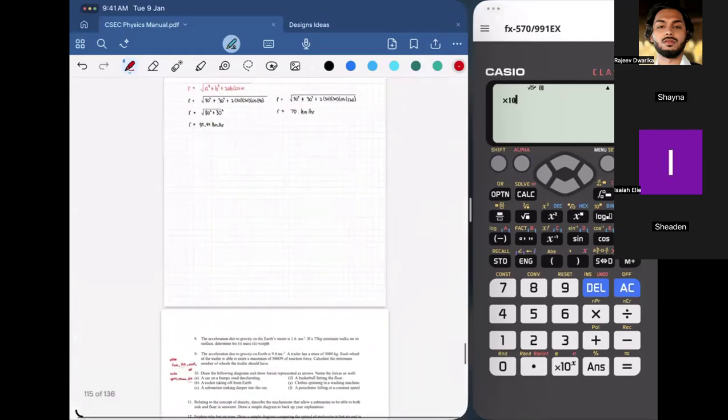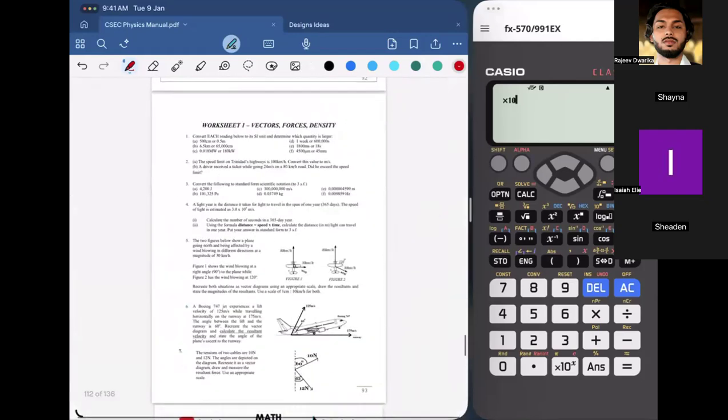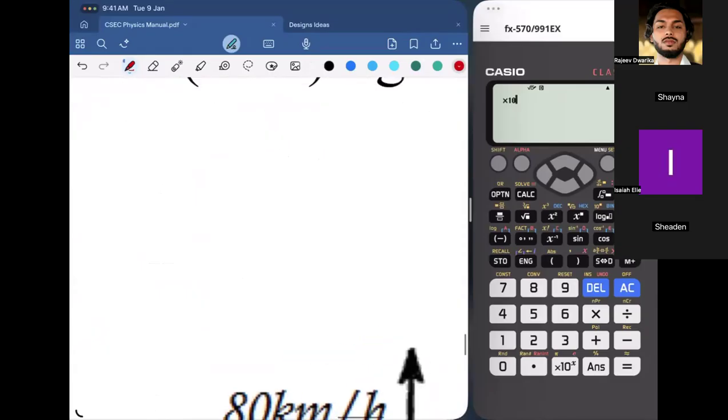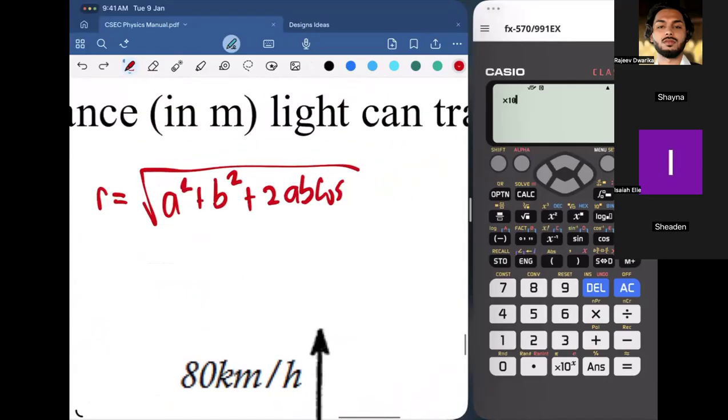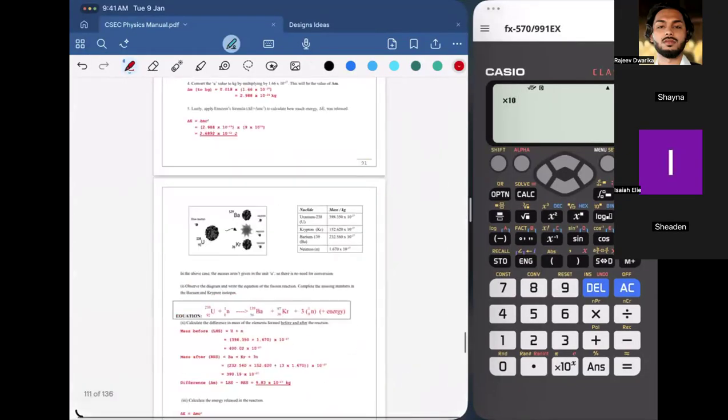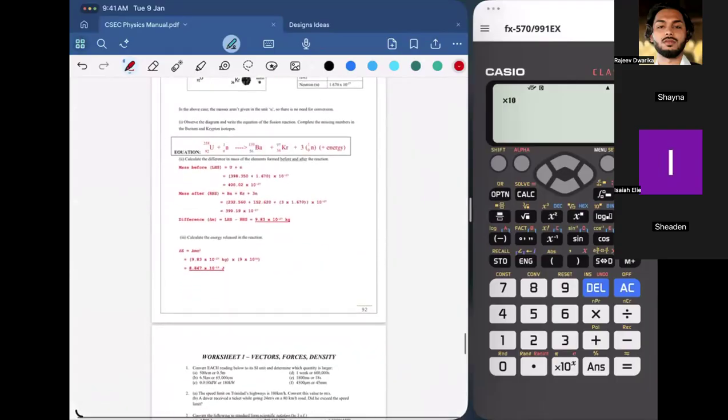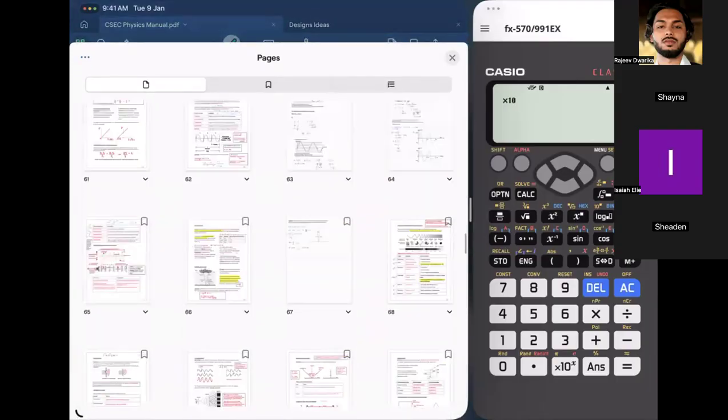Cool. Let me see if I can pick you up on anything else. What is the parallelogram law of vectors formula? R is equal to the square root of a squared plus b squared plus 2ab cos theta. Cos alpha, cos theta is the same thing, just the angle. What is the formula for weight?